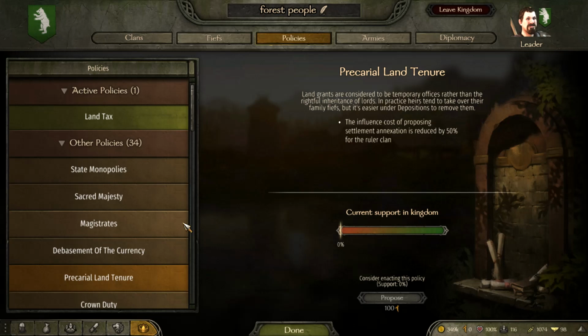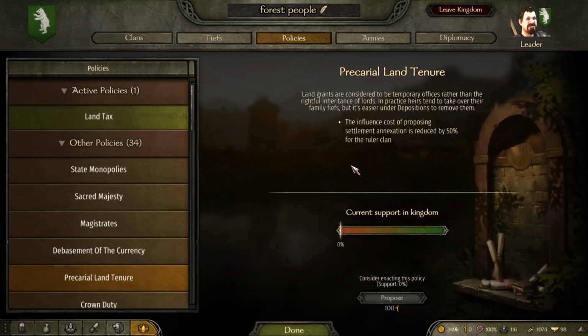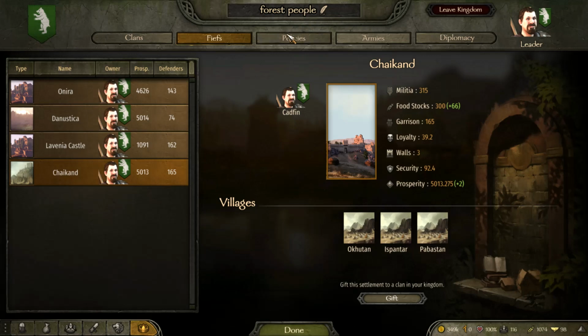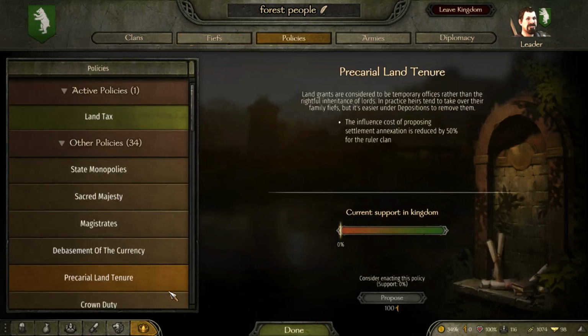We got this land tenure, precarial land tenure. The influence cost of proposing settlement annexation is reduced by 50% for the ruling clan. Now, settlement annexation, I believe this is when you're taking it away from one of your lords or nobles or one of your other clans.